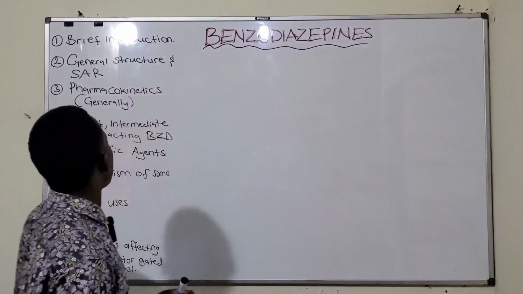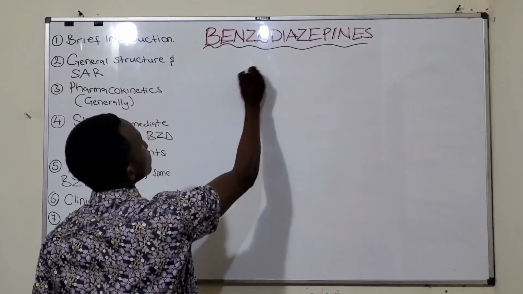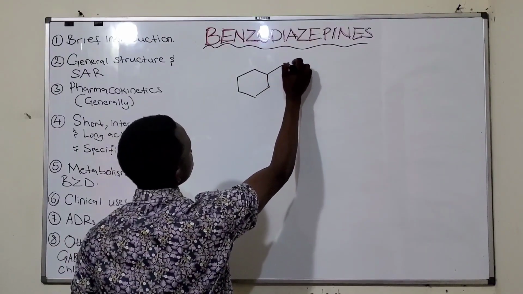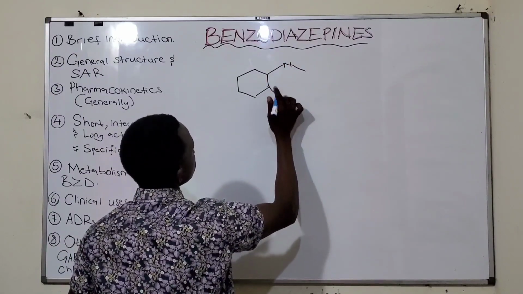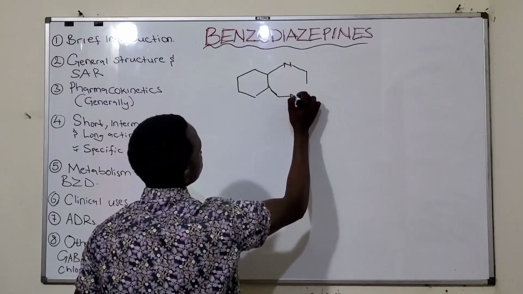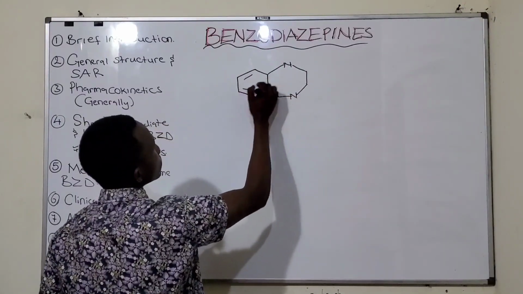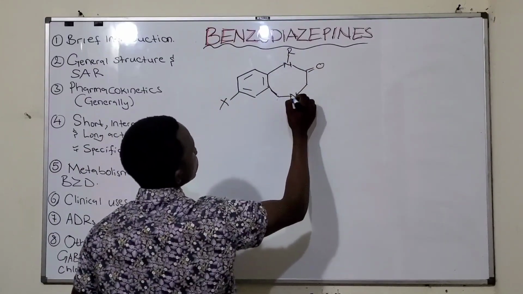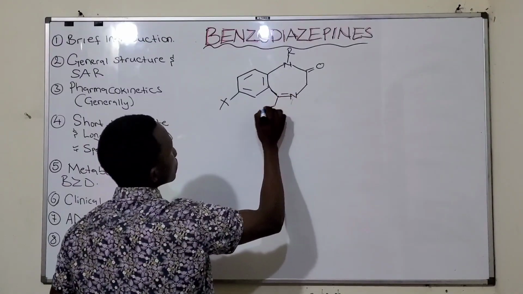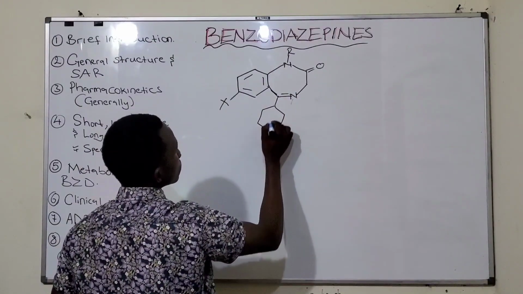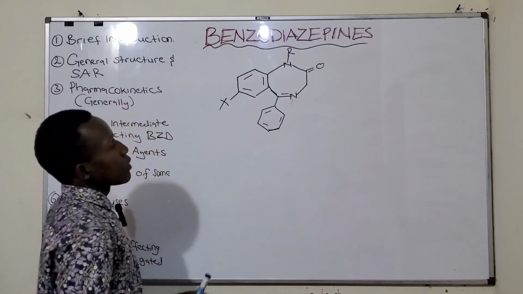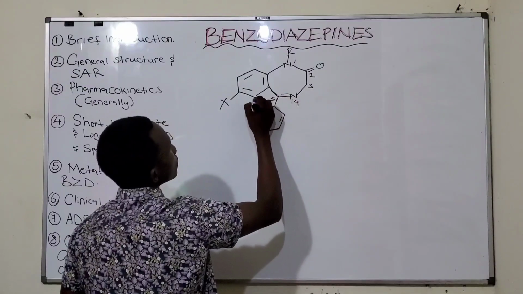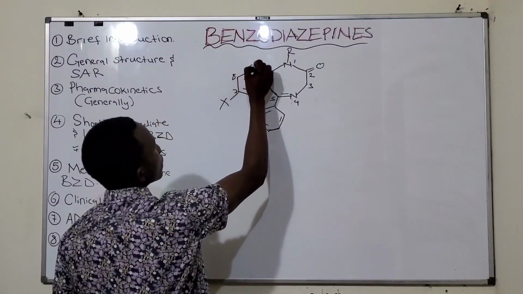For the general structure, this is the general structure of a benzodiazepine. This is position 1, this is 2, position 3, 4, 5, 6, 7, 8, and 9.